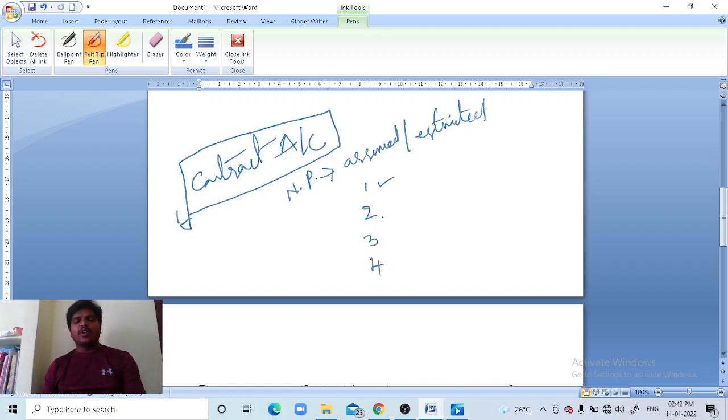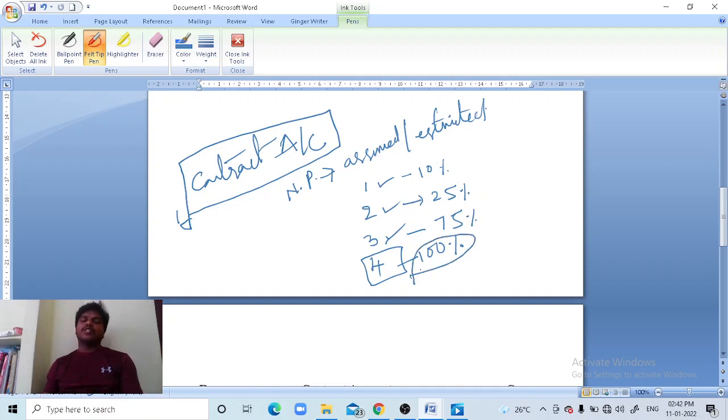In the first year it may complete only 10% of the work, in the second year up to 25% of the work, in the third year up to 75% of the work, and in the 4th year up to 100% of the work.